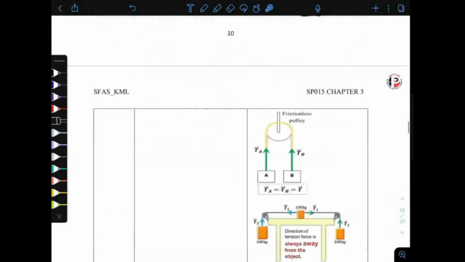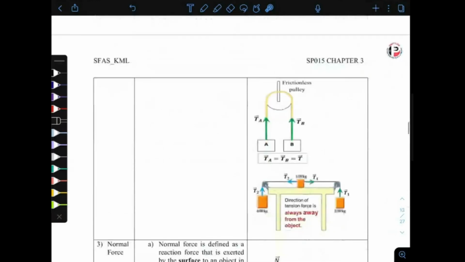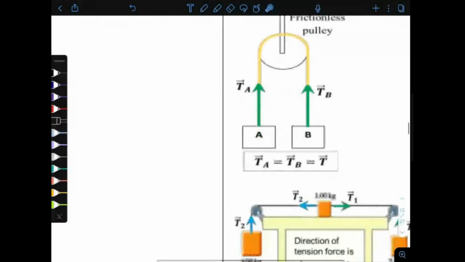Lepas tu kita ada contoh seterusnya dekat sini. Let's say you have two objects hanging along the same string. So ini adalah satu tali yang sama. Kita letak dia dekat puli and then kita gantung objek dekat kiri dan kanan dia. So look at object A dulu. Ini objek A kamu. Ini tali dia tergantung dekat puli tu.